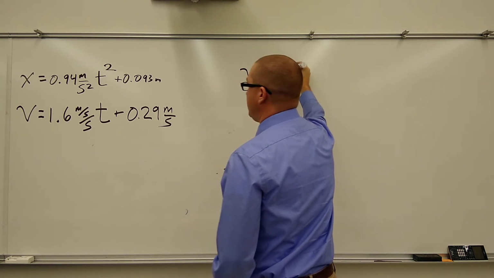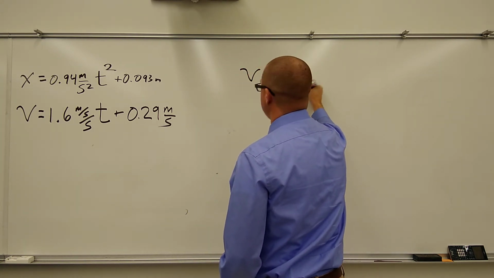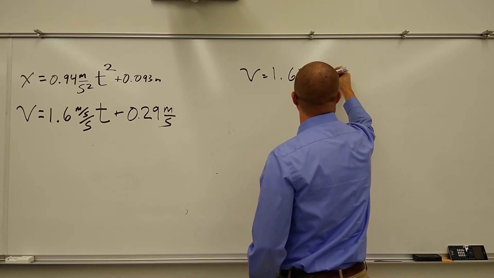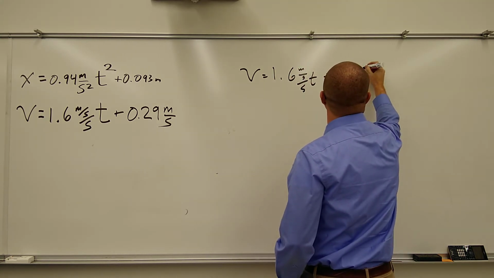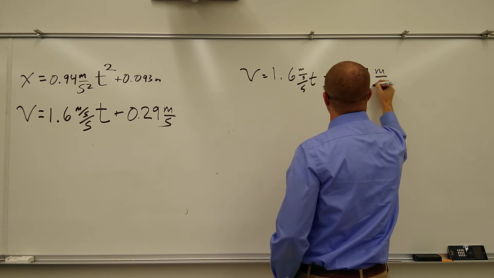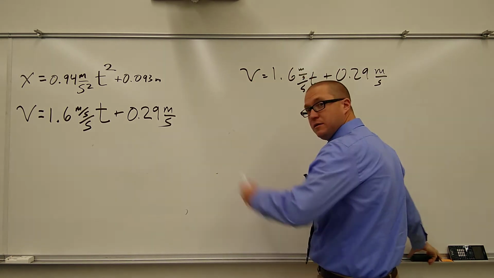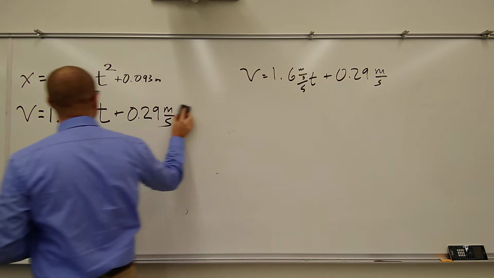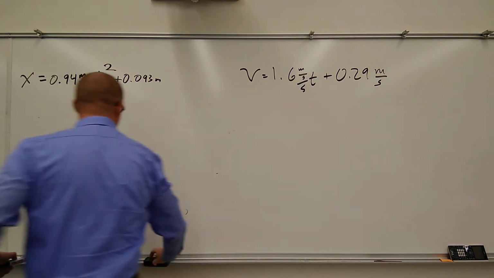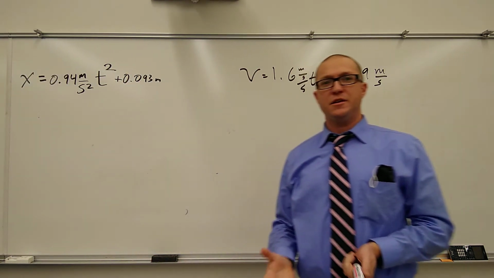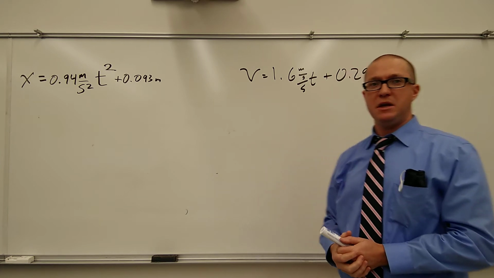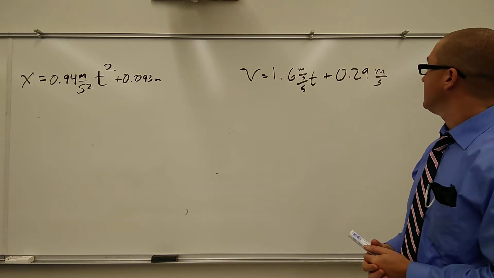V equals 1.6 meters per second t plus 0.29 meters per second. All right. So erase it here. We're going to go through this. All right, so now we got to determine what the slope and y-intercept mean here, okay?